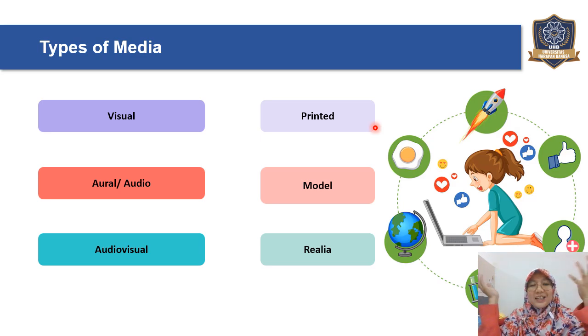Of course, we can call it in other word video. Yeah, video is a kind of audio visual media because it combines the illustration, visual illustration, and also the audio. So there are two senses that receive the information, the visual sense and also the oral sense.